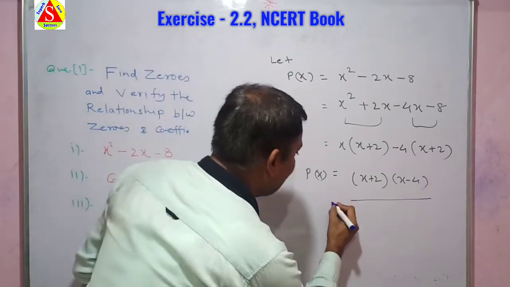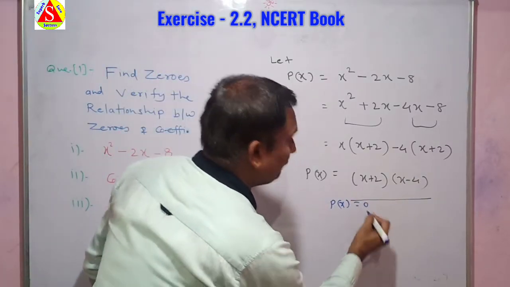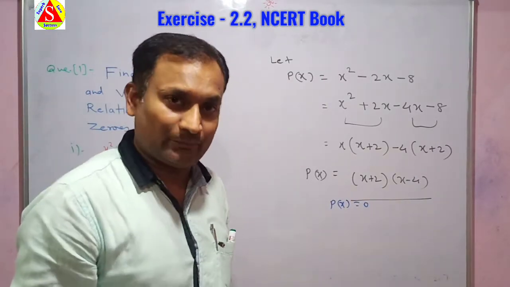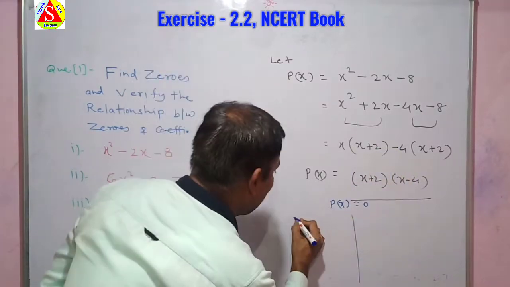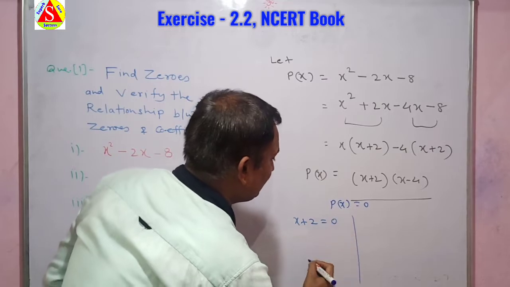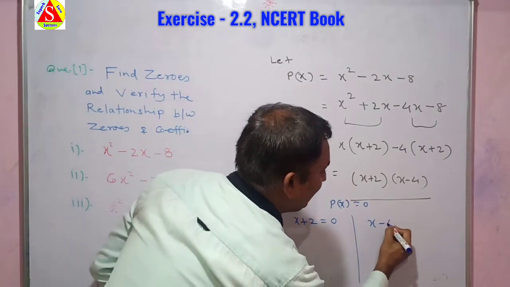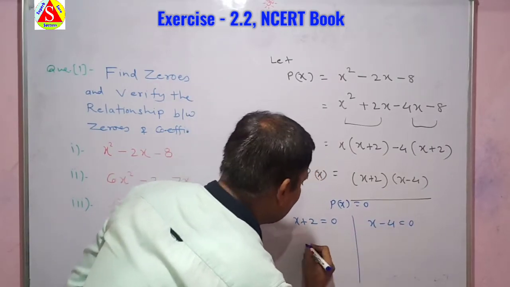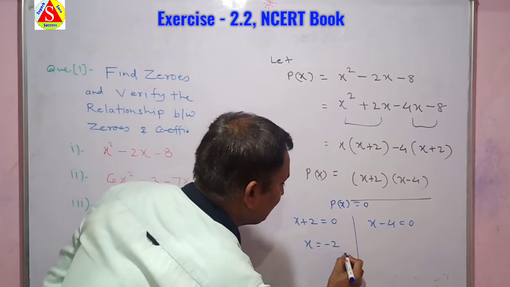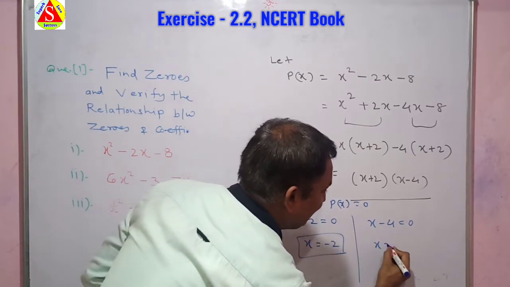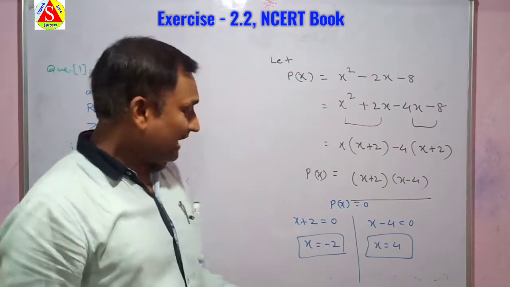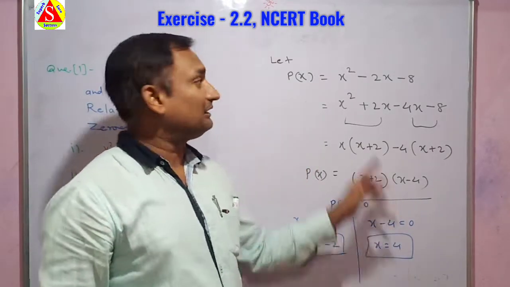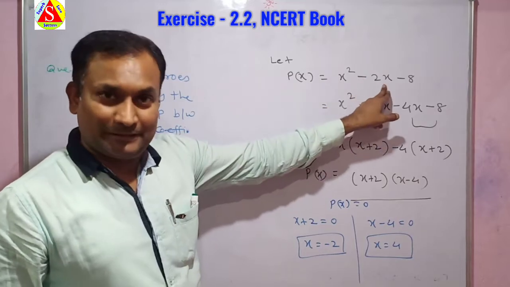After this, we equate p(x) to 0 to find the zeros of the polynomial. First let's equate x plus 2 equal to 0, and similarly x minus 4 equal to 0. So we will have x equal to minus 2 as well as x equal to 4. So dear students, here we have the two zeros of the quadratic polynomial.